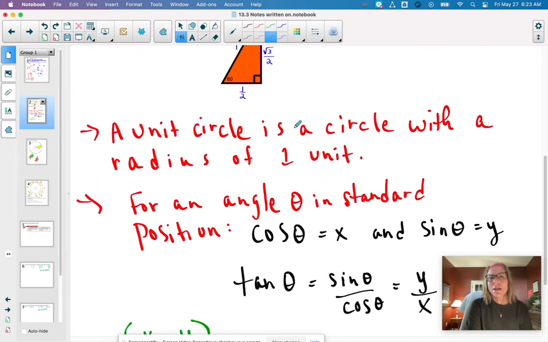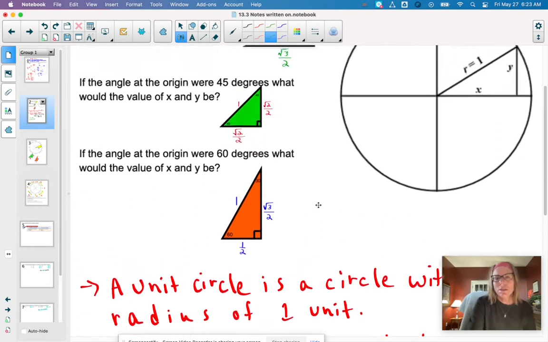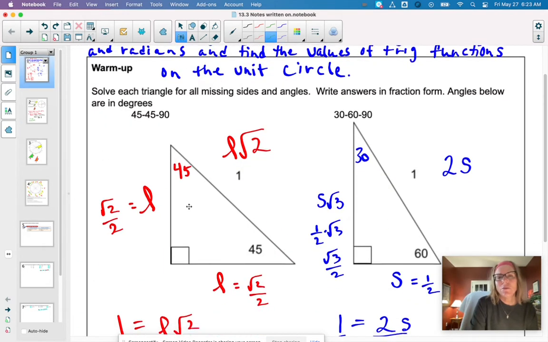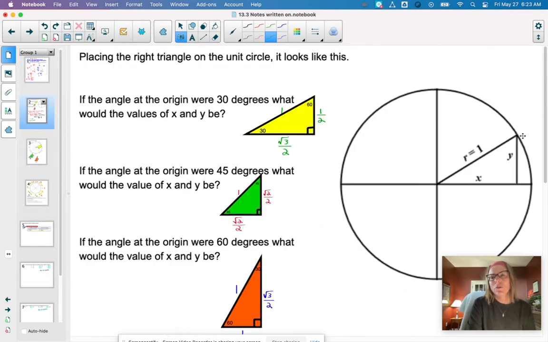So up here, when I talk about the radius of 1 unit, that is the reason for us starting with a measure of 1 on the hypotenuse, because we're going to use these triangles to derive the coordinates on the unit circle.